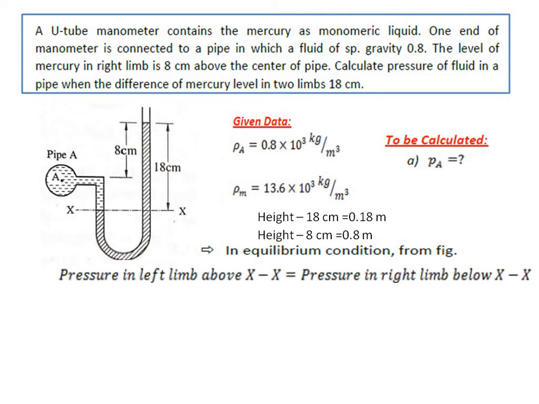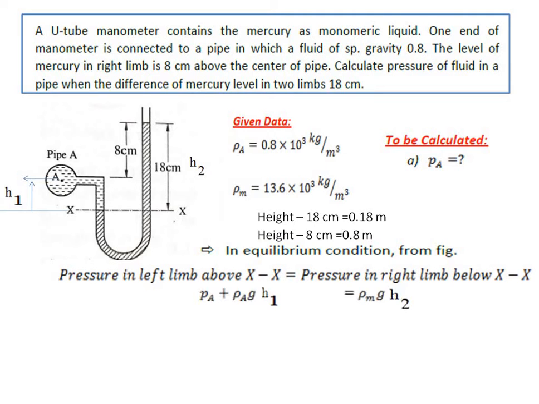So in equilibrium condition, from the figure, the pressure in the left limb above XX is equal to the pressure in the right limb above XX. Here the height from point A to XX is h1, and the height from XX to the top is h2. So h2 value is 18 centimeter.